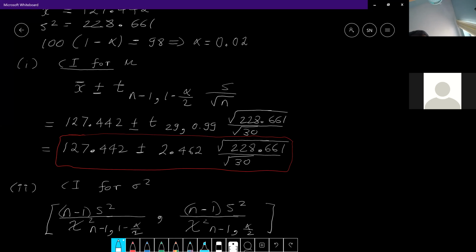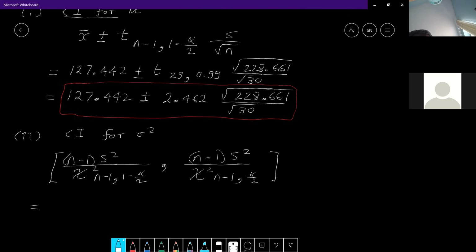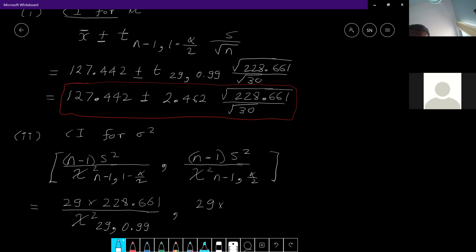Our n is 30, so n minus 1 is 29, multiplied by s squared, which is already given, 228.661, divided by chi squared 29, 1 minus alpha by 2 which is 0.99, comma, same thing, 29 multiplied by 228.661 divided by chi squared 29, 0.01.